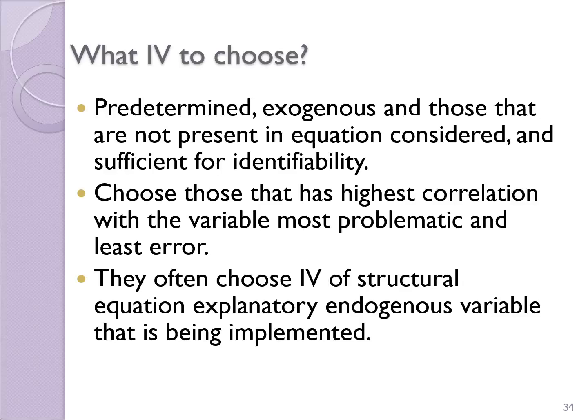In this context, it is natural to ask yourself the question, what instrumental variables to choose. This question is relatively easy in this context because what we want to do is use the predetermined or exogenous variables that are not present in the equation that we are estimating and in the number that is sufficient for identifiability.